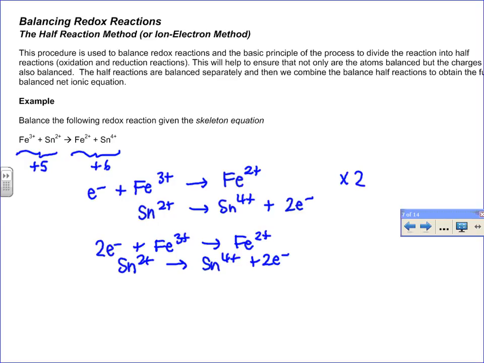Okay, so this is the actual half reaction that's happening. Need to multiply everything by 2. Okay, and then our final step is to recombine the reactions, and we're going to add the half reactions like we've done in the past, okay, and simplify the electrons.